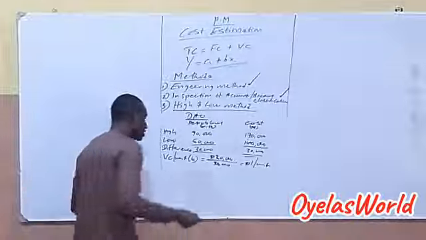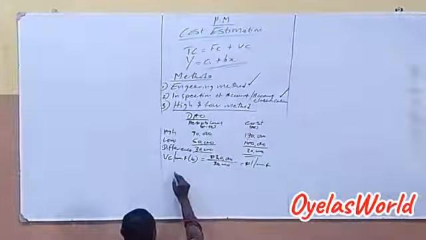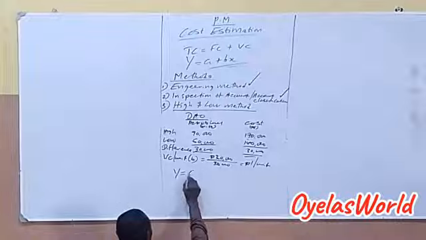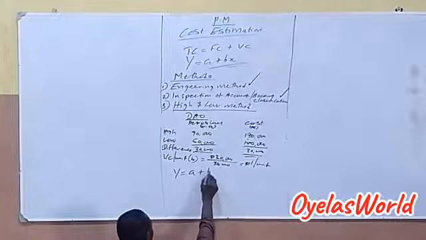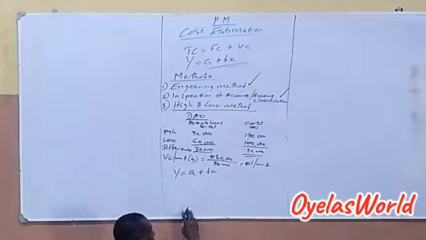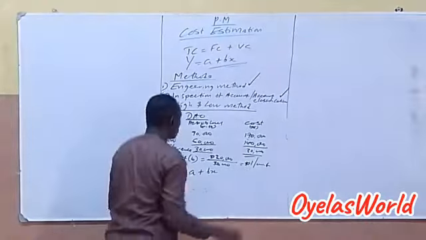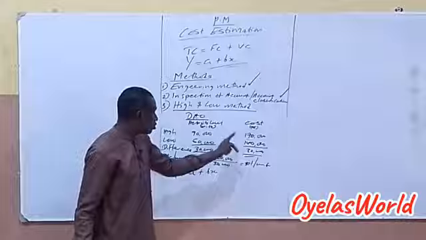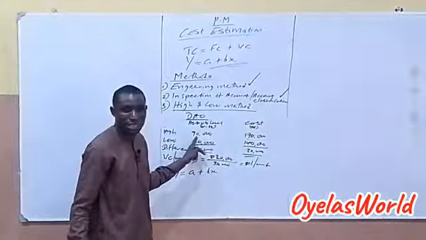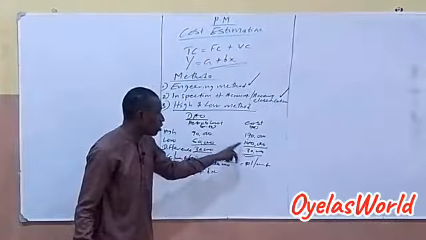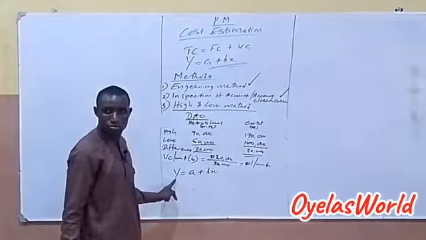And we know that our total cost is equal to fixed cost plus variable cost. We have already seen the total cost for high and for low.